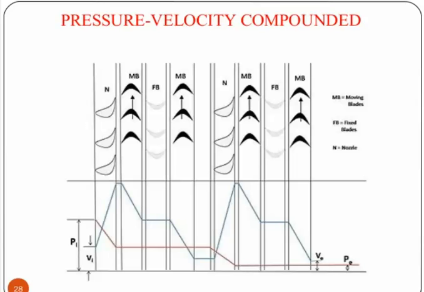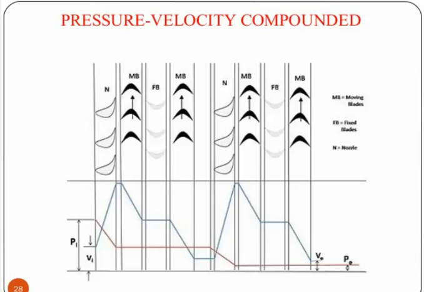two types of compounding, where the total pressure drop of the steam is divided into a number of stages. Each stage consists of rings of fixed and moving blades, and each of the rings of moving blade is separated by a single ring of fixed blade.